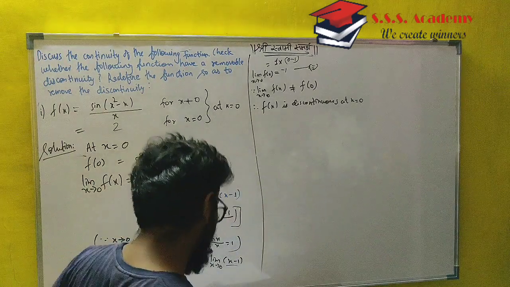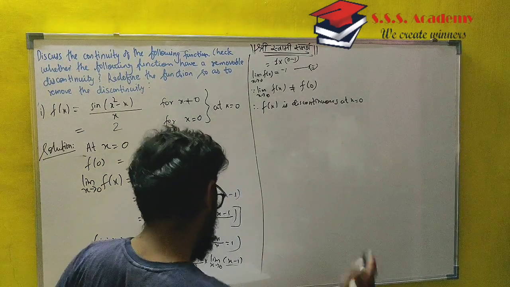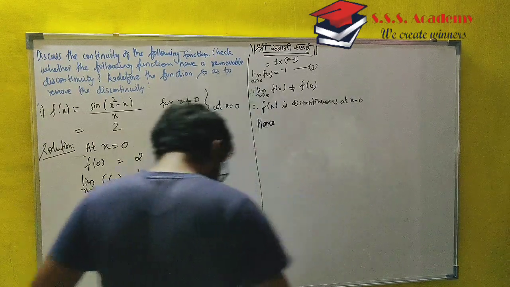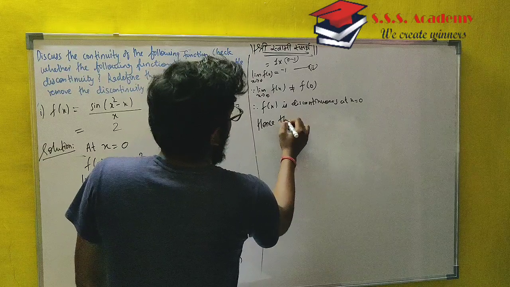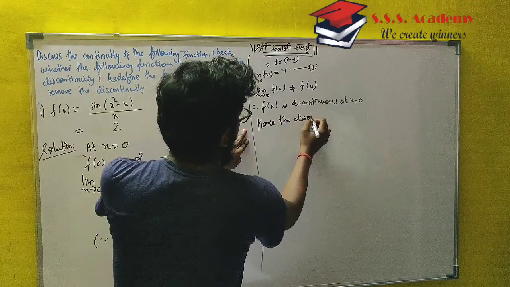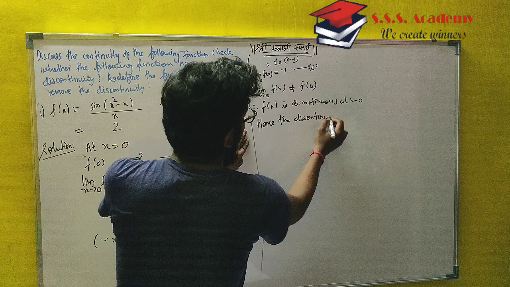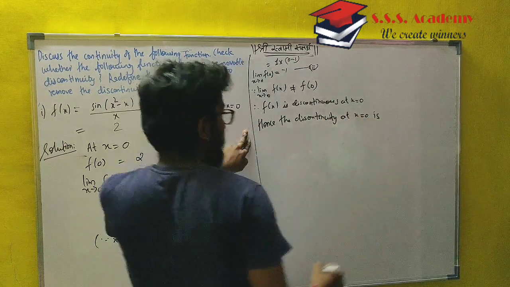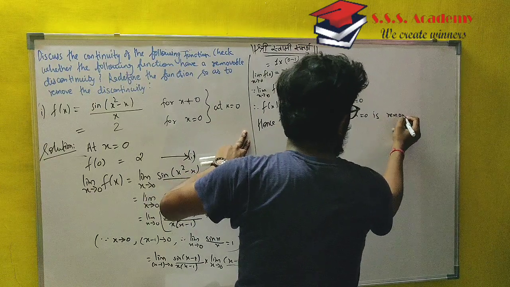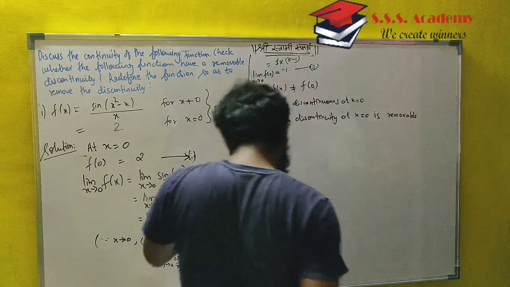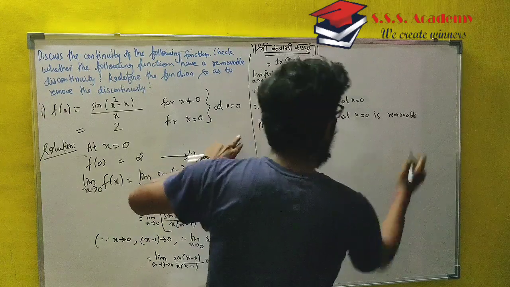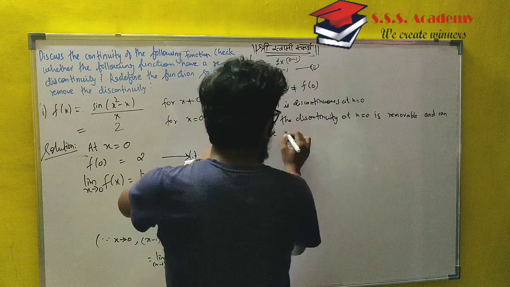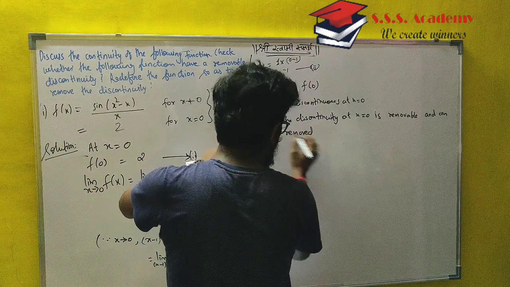So we'll say it over here that hence the discontinuity at x equals 0 is removable, since it is removable and can be removed.